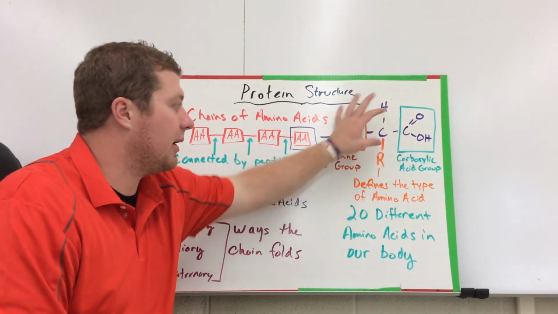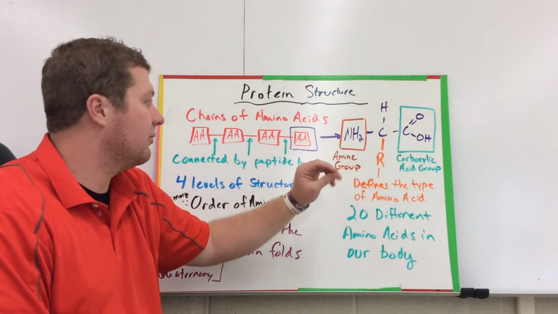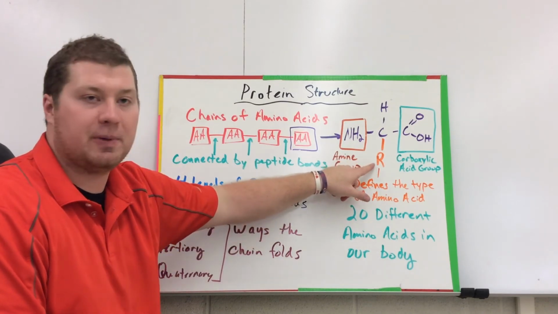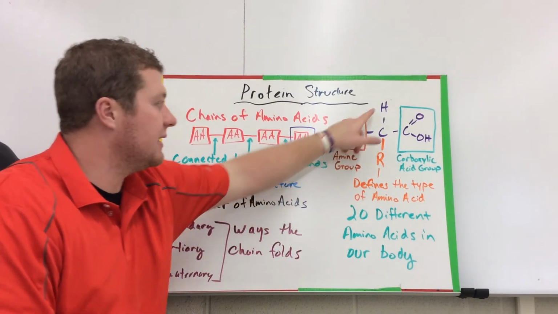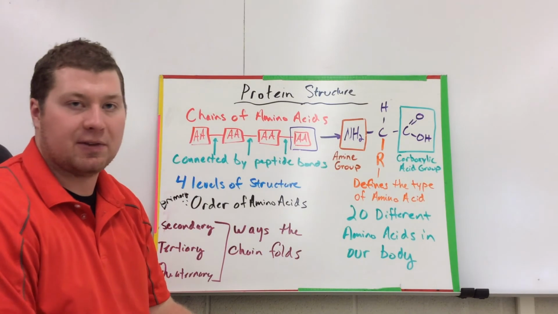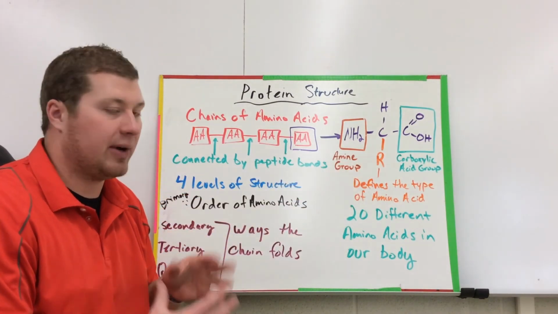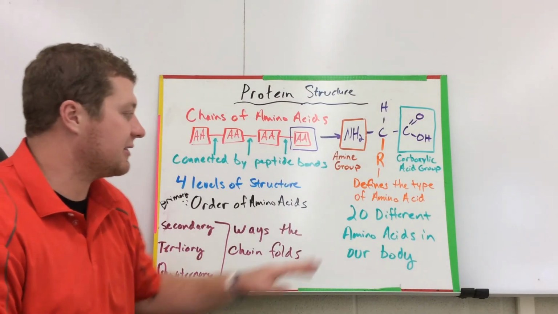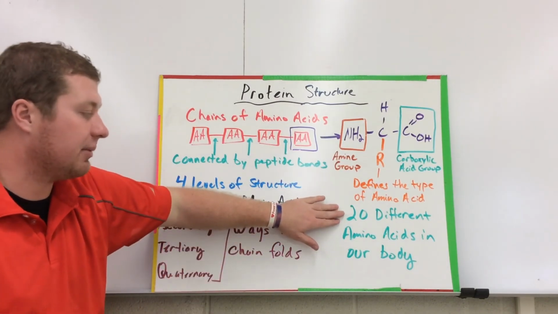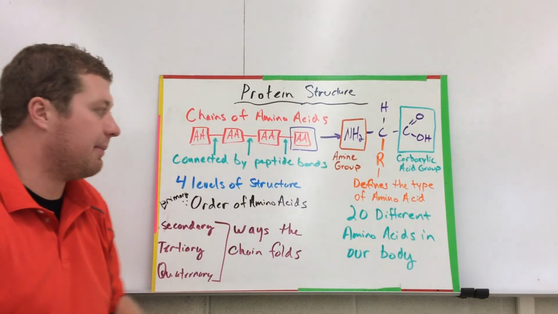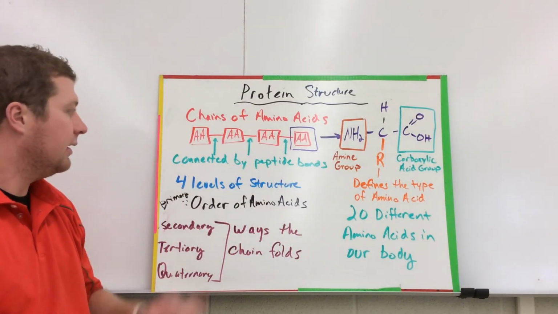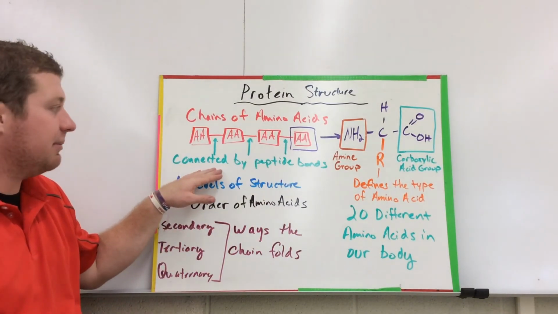So this part is always going to be the same for amino acids. The R group is the only group that changes. We're not going to get into that in this class, but we have to understand that there's 20 different amino acids, and they're based off of that part only. Amino acids are connected by peptide bonds.